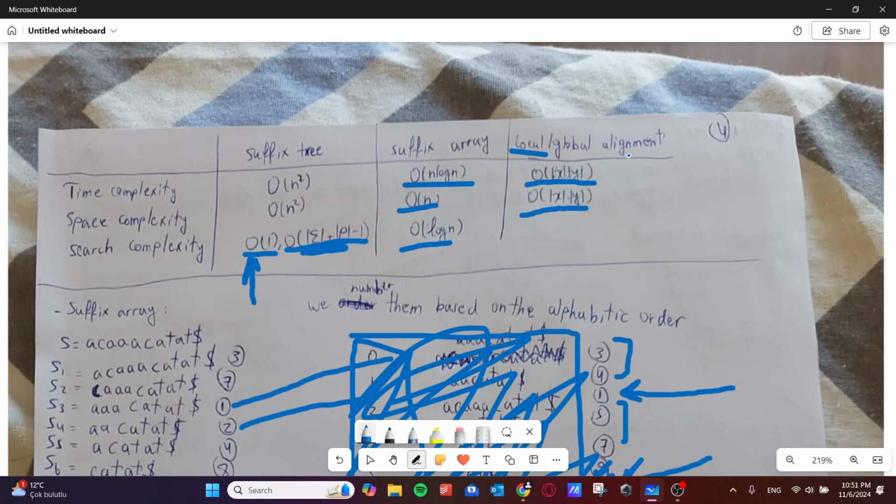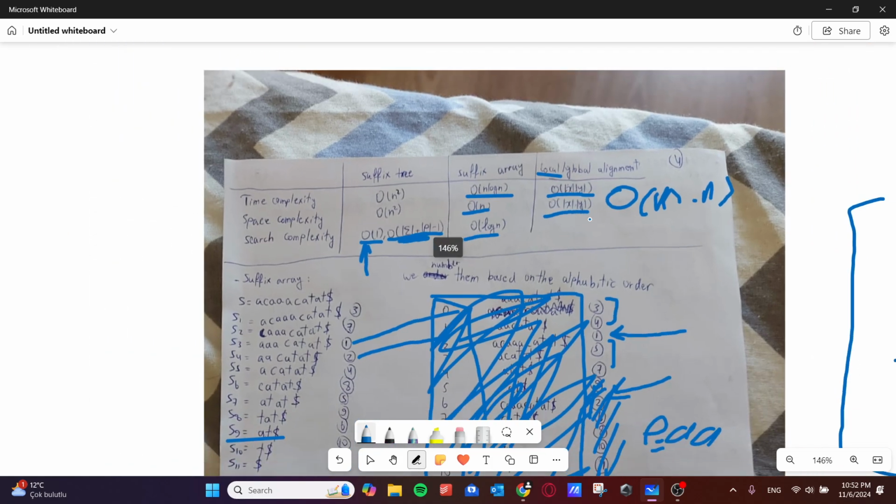But when I searched about the global alignment on the internet, I found it was M multiplied by N, which is the same as X and Y, by the way. So I've put here local slash global alignment.